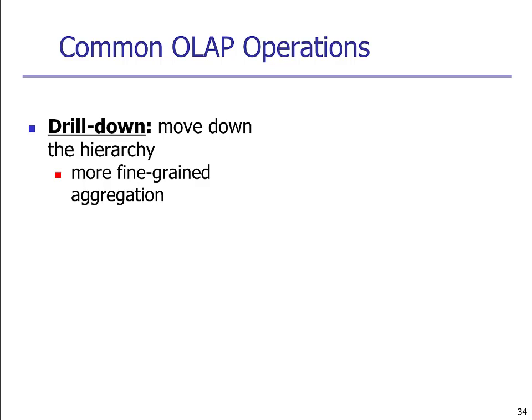In roll up, we climb up one or more levels within the hierarchy of a specific dimension. So in drill down, we do the opposite, right? We move down the hierarchy. And of course, this involves getting more detailed data.